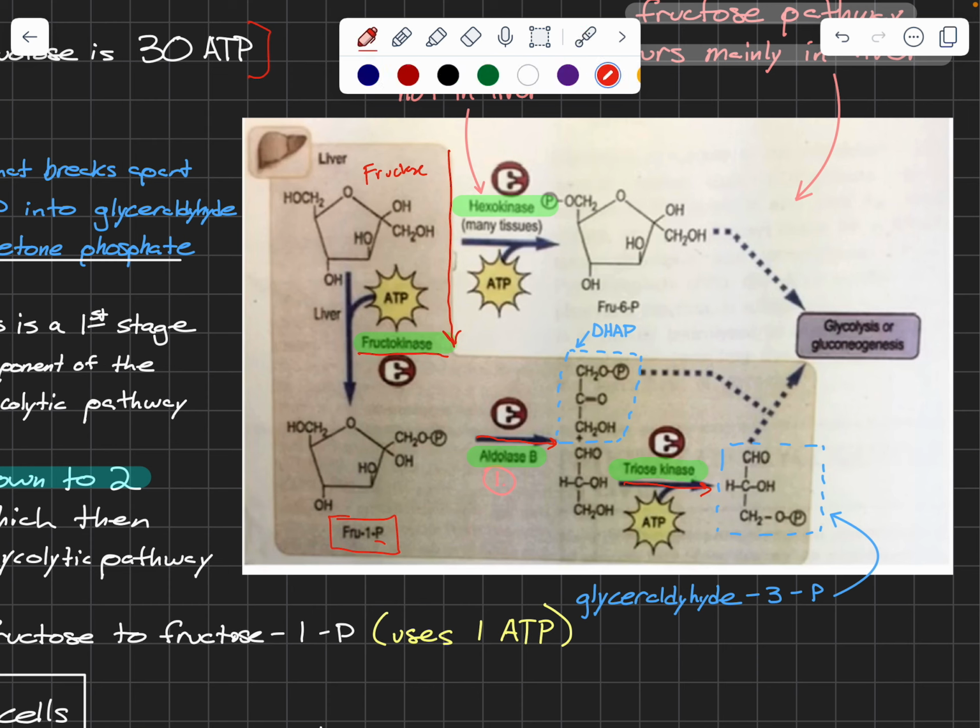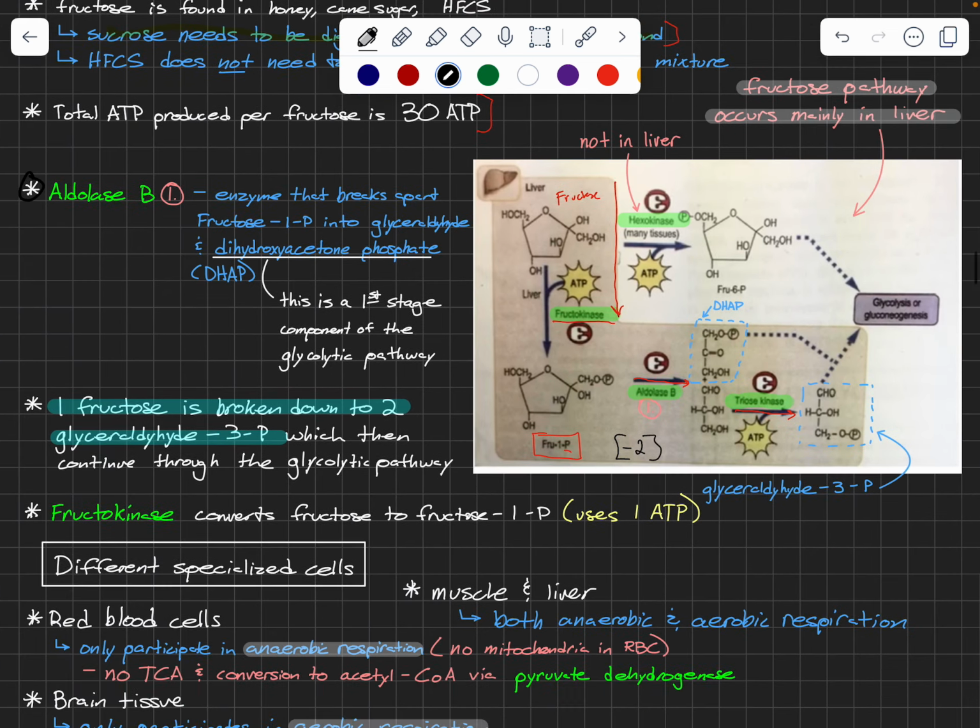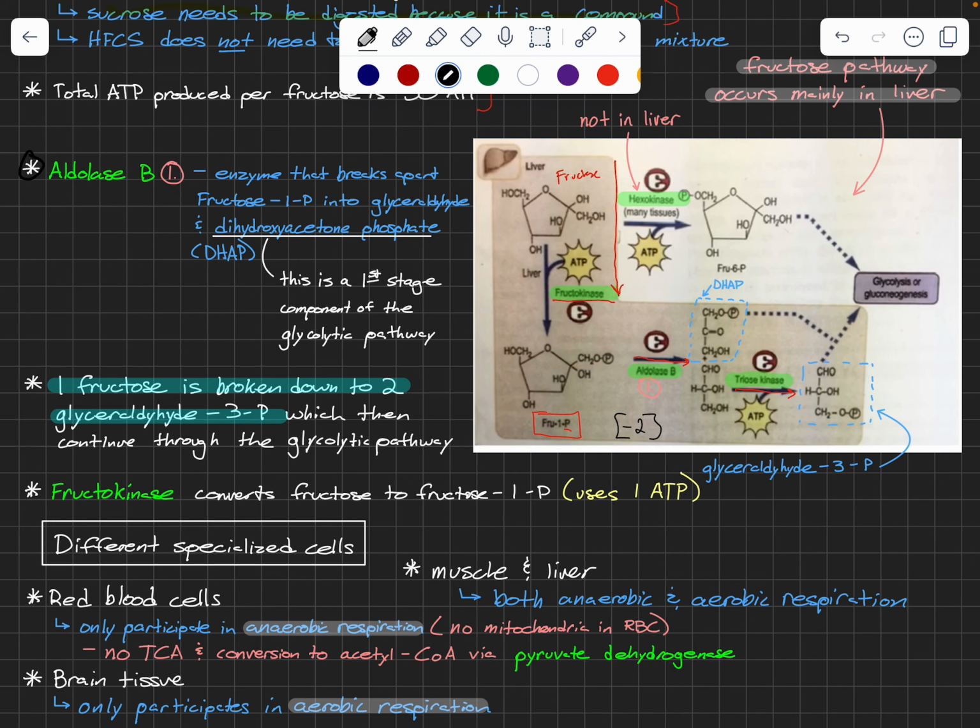And so if you really want to look at it, inside the liver, this stage of fructose catabolism is very similar to glycolysis in the fact that we invest 2 ATP in the initial stage to get to our end component of G3P to enter the secondary stage. And that's kind of where the ATP counts are very similar, because we're using 2 ATP in the beginning stage, and then we're generating all this ATP downstage.